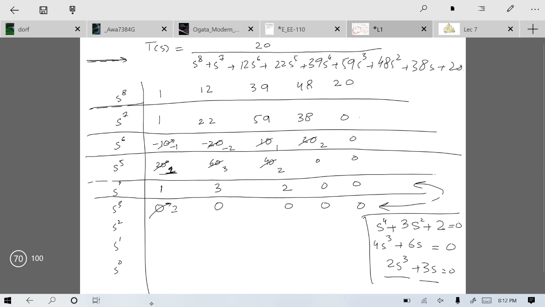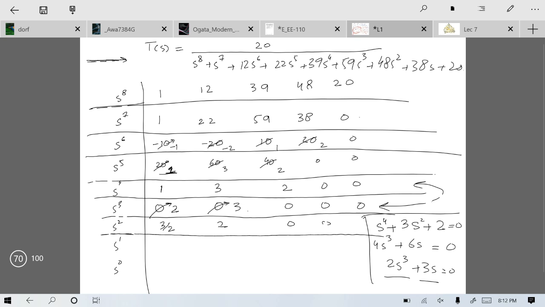I can write 2 over here and 3 over here and resume my calculation. So here I have 3 by 2, 2, 0, 0, and then I have 1 by 3, 0, 0, 0, and then 4, 0, 0.